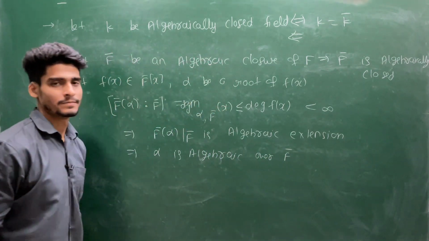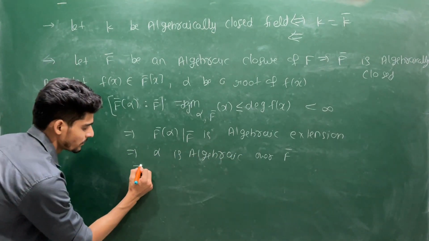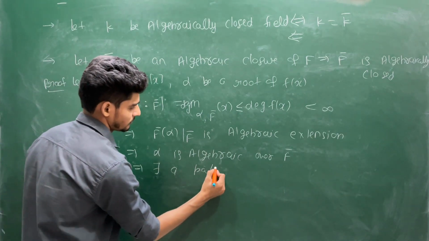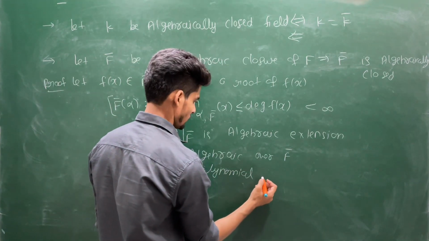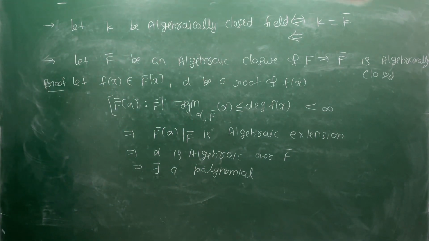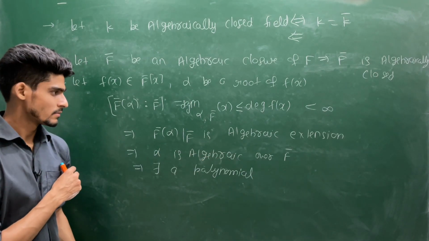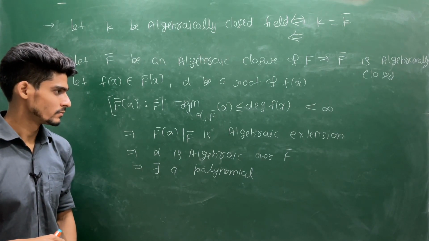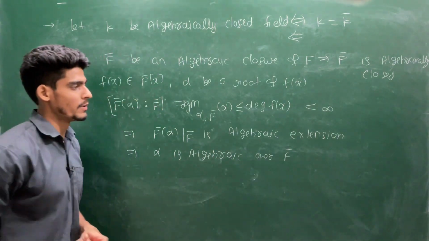over F bar. If alpha is algebraic over F bar, that means there exists a polynomial. Okay, this alpha is algebraic over F bar, and I need to show that this alpha is a member of F bar. By definition it is true, because what is F bar? F bar is the algebraic closure.